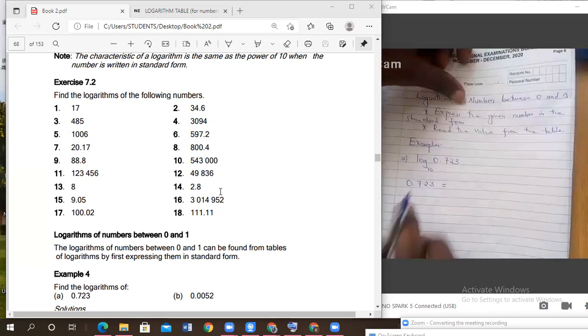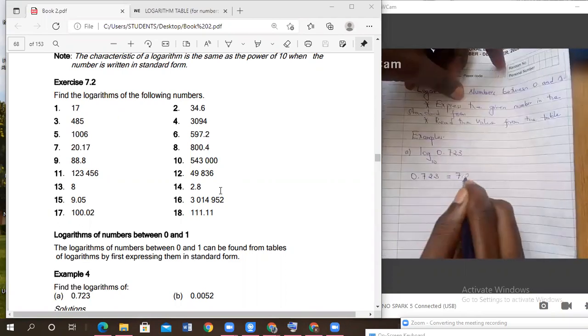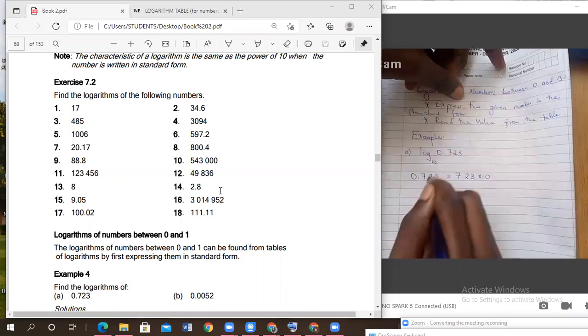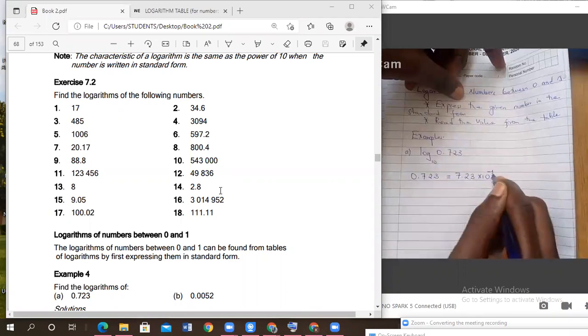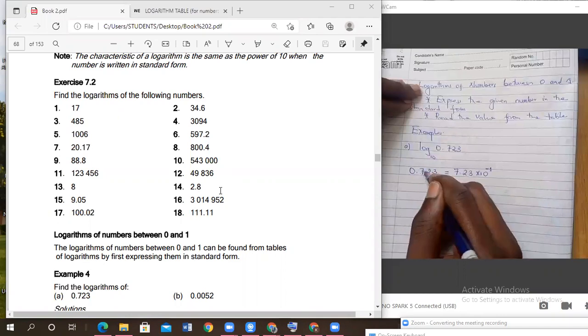This one is going to give us negative powers. It's going to be 7.23 times 10 to the power negative 1, because we have shifted the position of the decimal point by only one step.